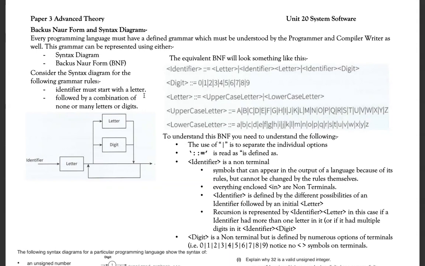Now, if we can arrange our rules in this formation, that means we can somehow program these rules in at the time of creating a compiler for a particular programming language. And in essence, this is a way of how we represent the syntax for a particular programming language.